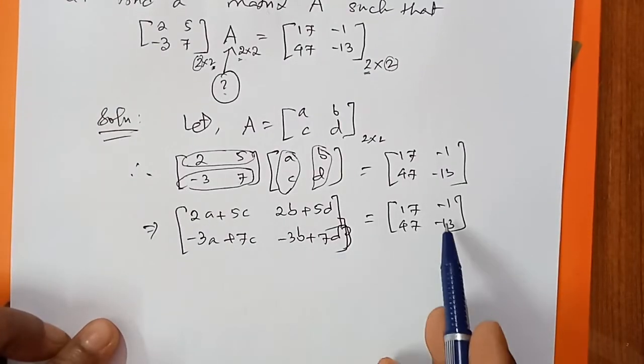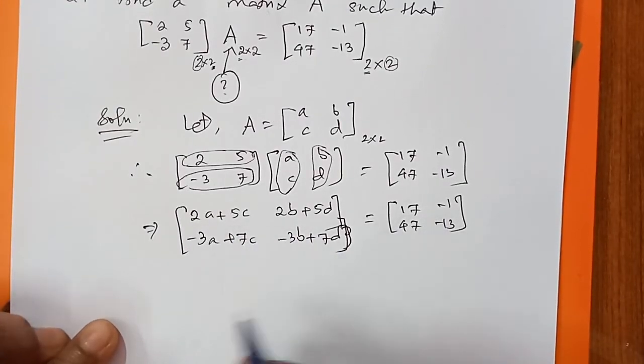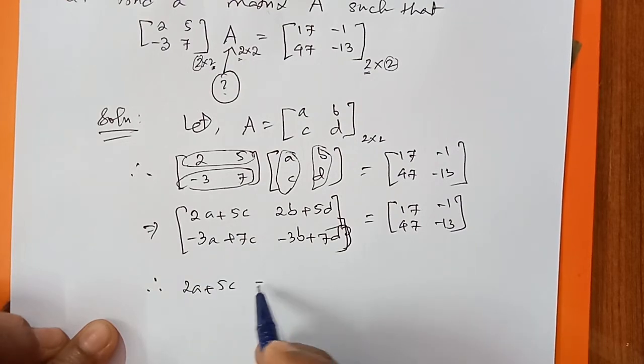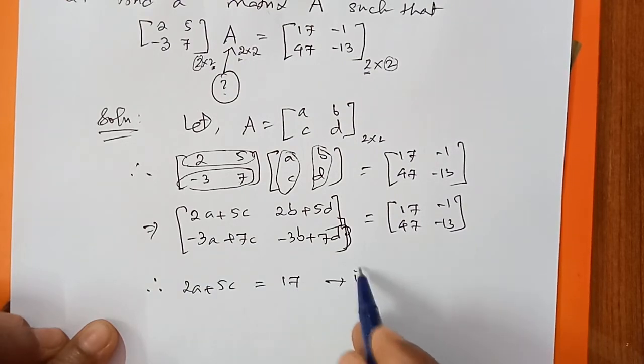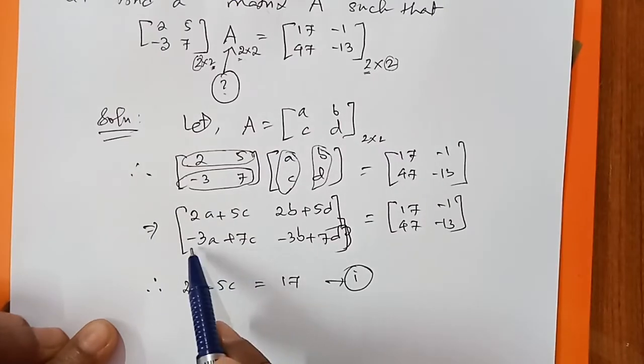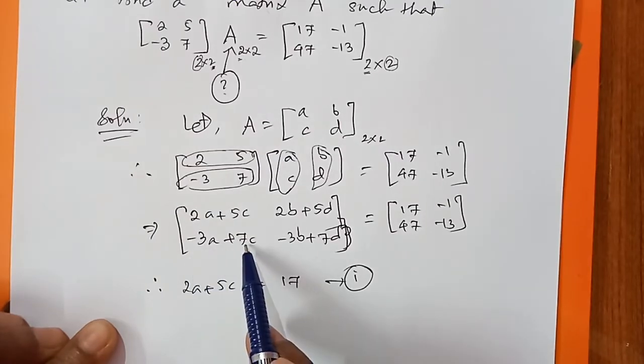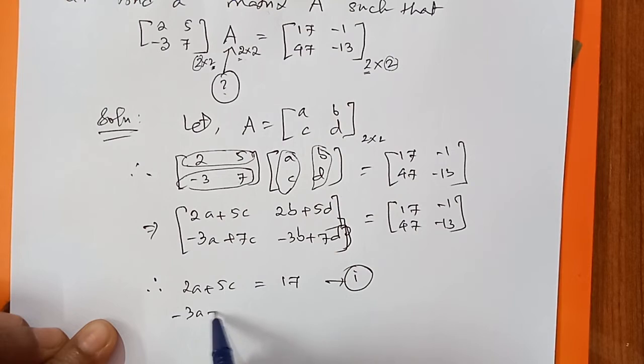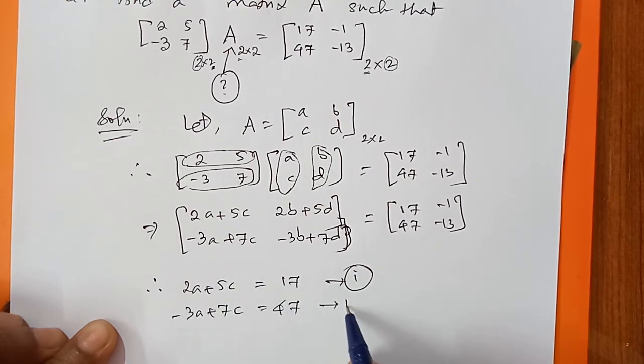As these two matrices are the same, their corresponding elements will be equal. Therefore you write 2a plus 5c equals 17, equation number 1. Then minus 3a plus 7c equals 47, equation number 2.